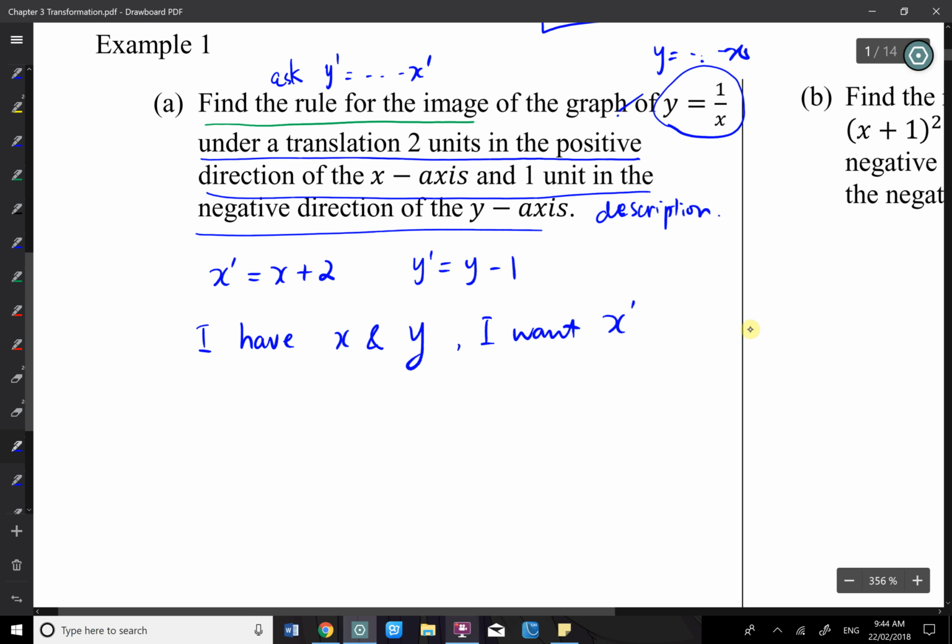So now I have y equals 1 over x. I will substitute that in. I will replace xy in terms of x dash y dash. So y equals y dash plus 1 and x equals x dash minus 2. That's what I have. So y dash equals 1 over x dash minus 2, and then minus 1. Well, I can get rid of the dash.